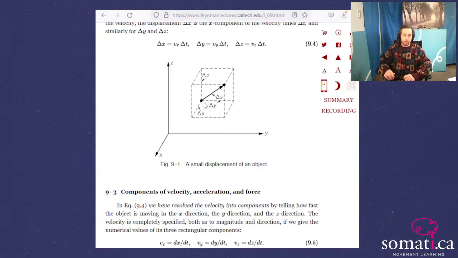And just setting up some notation for the movement of an object from the back left corner to the front right corner of this box. Writing the x, y, and z displacements, and the overall vector, delta s.